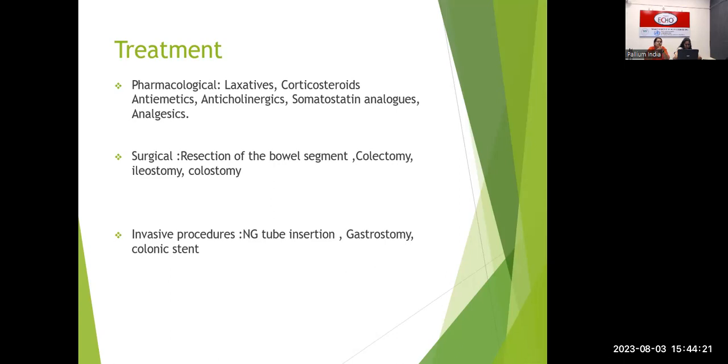Surgical management, I said resection of the bowel segment where the obstruction is can be done. Colectomy, ileostomy or colostomy can be done. Invasive procedures, nasogastric tube insertion can be done for decompression. I said there is distended bowel. To decompress that, you can put a Ryle's tube and decompress the abdomen. Gastrectomy or colonic stenting can be attempted.